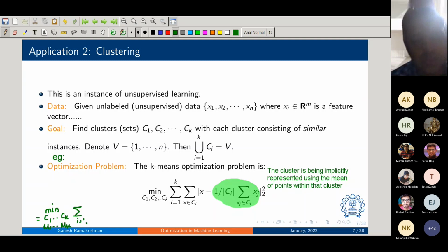So i equals 1 to k, summation over all the points in the ith cluster of x minus mu i, 2 norm squared. Okay. Put a double norm here.